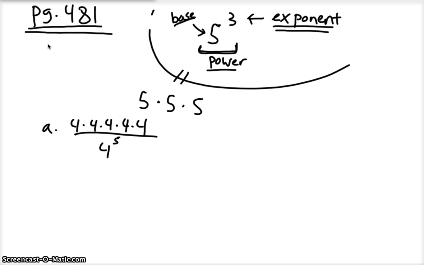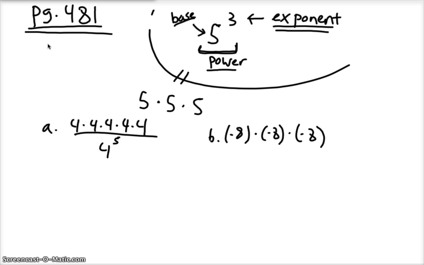Alright, now let's do something a little bit more tricky. What about B? We have negative 8 times negative 8 times negative 8. Well, we're not really solving it yet.